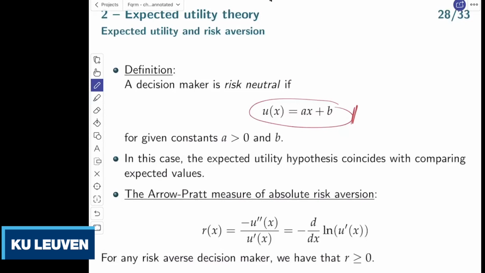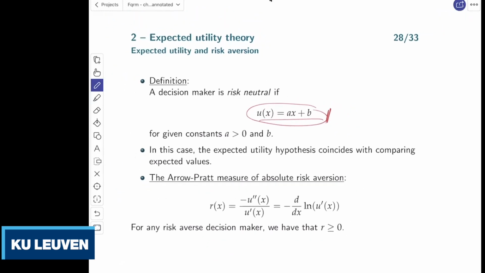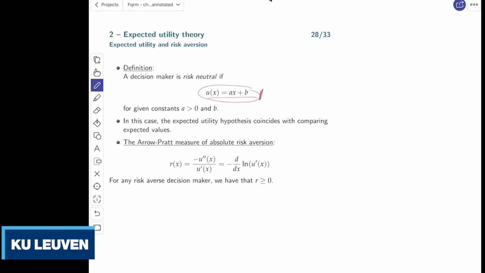And then there was a situation where we had a risk neutral decision maker. What does risk neutral mean? It means that your utility function is this linear function. Assume that I have a utility function that is linear, and I have two risks, x and y, with equal expectations. Again, that's the question in the quiz.